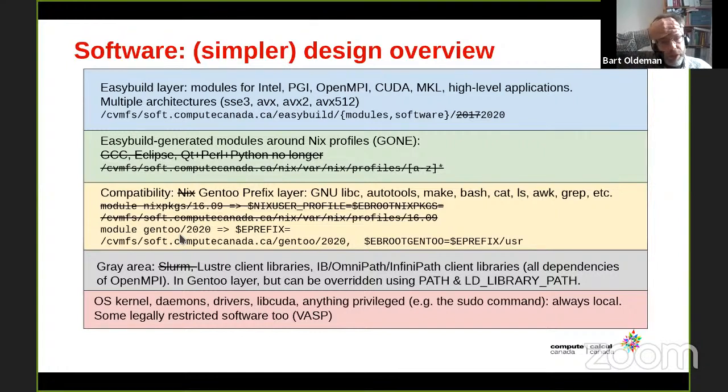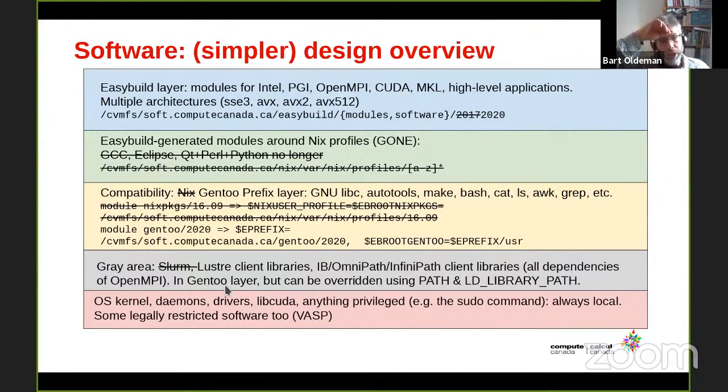We used to use Nix for the compatibility layer, but just like EasyBuild, we're now using Gentoo. We're getting into more details in the next slide of why we changed from Nix to Gentoo. And then under the compatibility layer, there's a gray area which we also put in Gentoo, but it can be overridden using LD_LIBRARY_PATH if you want to.